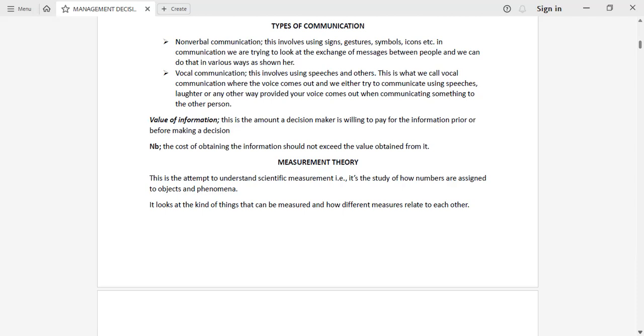For example, how much are you willing to pay for a newspaper? If someone is looking for a job, how much are you willing to pay for that advert or that newspaper where you saw companies advertising, in order to get the rest of the details of the job?